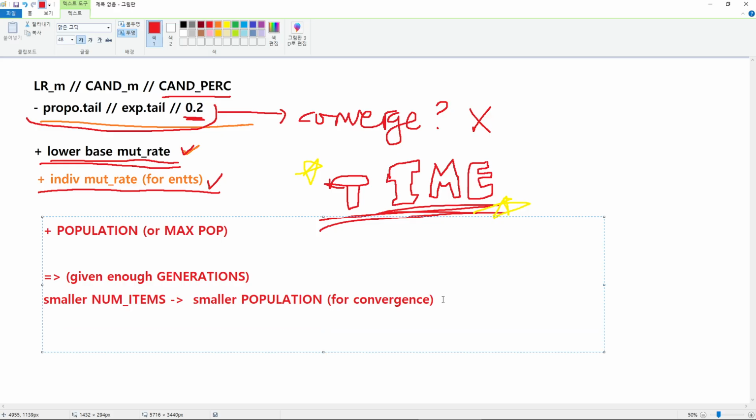And of course, a bigger number of items means you need a bigger population for convergence.